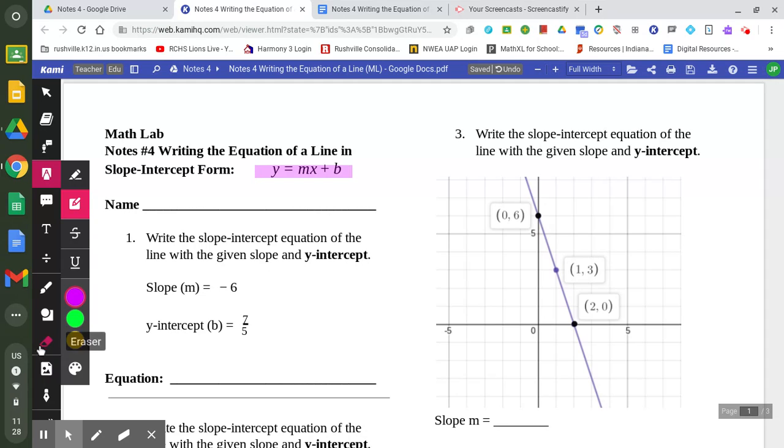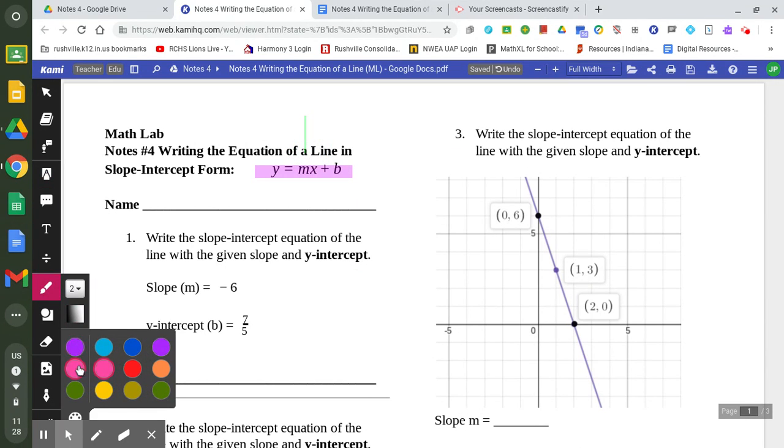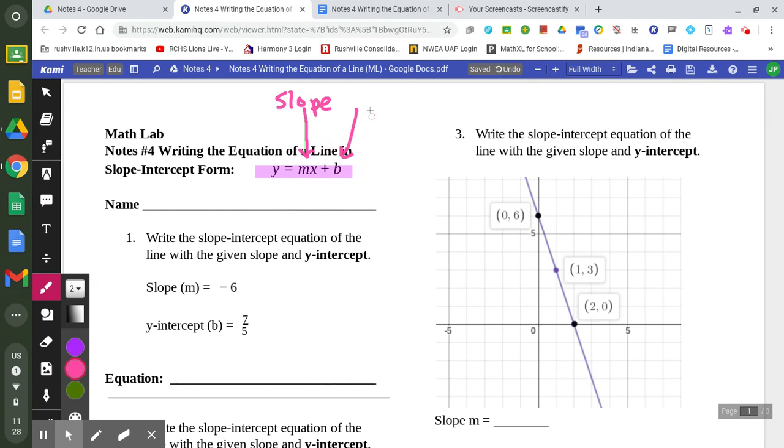And some things to remember is that the m is the slope, and the b is the y-intercept.